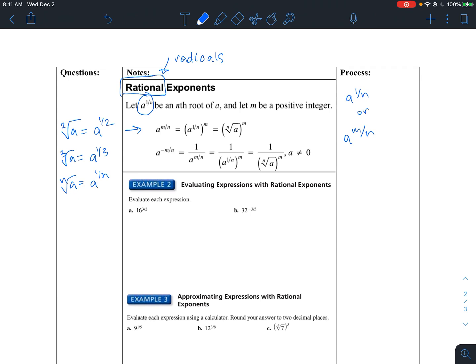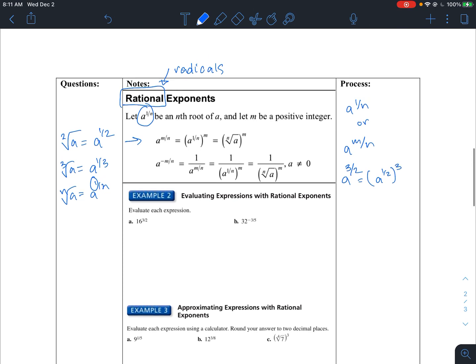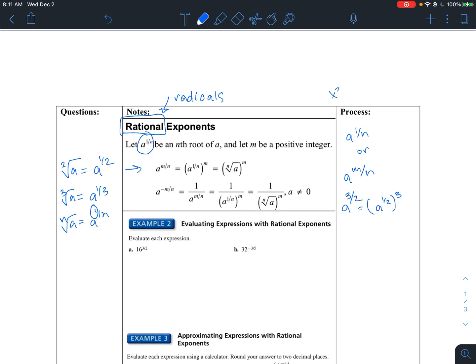Now sometimes this isn't always going to be 1. So sometimes you could have a to the 3 over 2. That's a rational exponent, and in this case, we could rewrite this as a to the 1/2 cubed. Because remember, with a power of a power, if you have a squared squared, this is the same thing as a squared times a squared, which is a to the 4th.